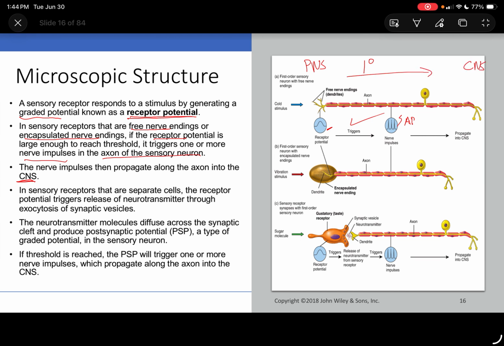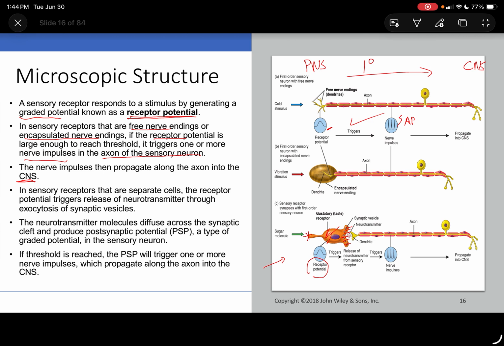Now, in the case of our separate cells, the receptor potential is going to be generated when we have binding of our stimulus to our specialized cell. This is what's responsible for triggering that receptor potential. This is in turn going to stimulate the release of our neurotransmitters.